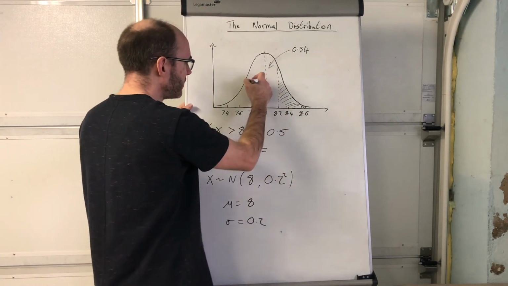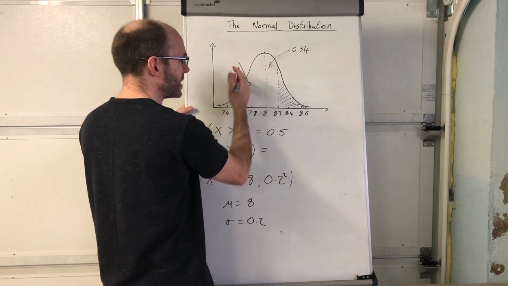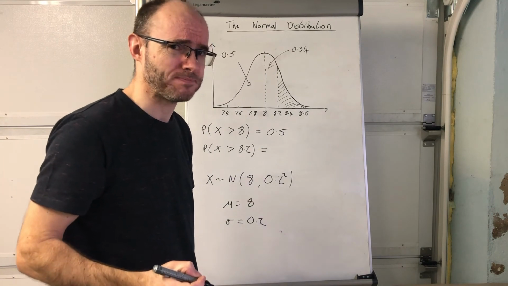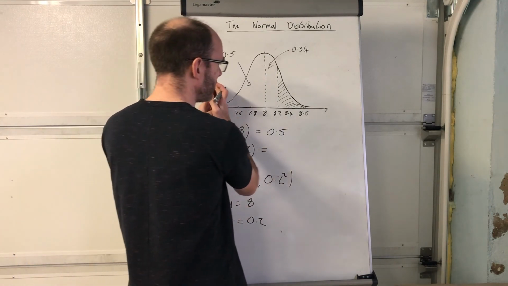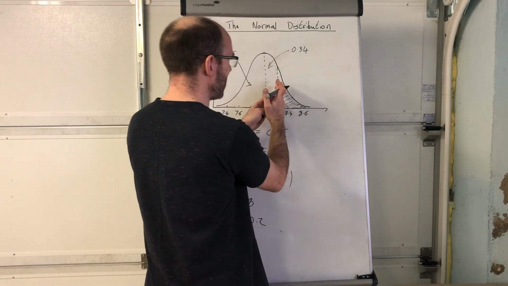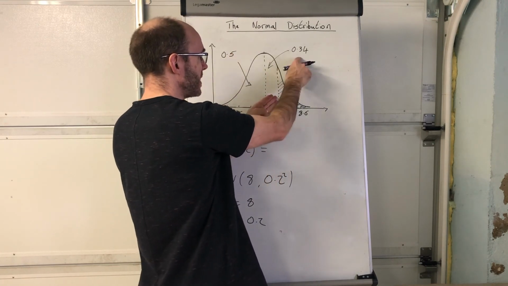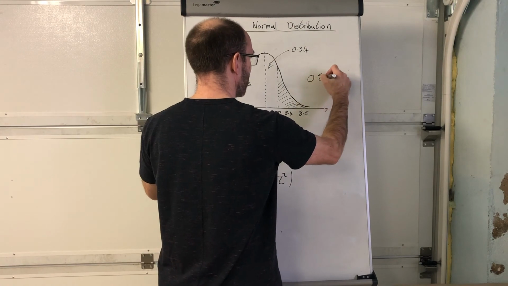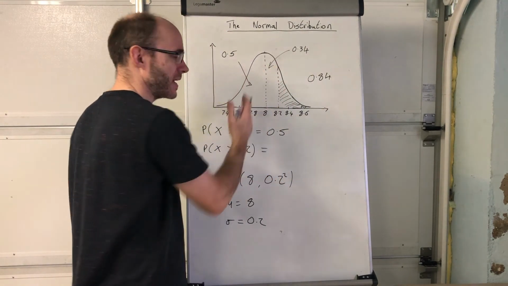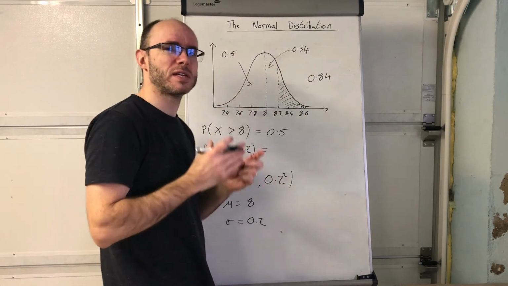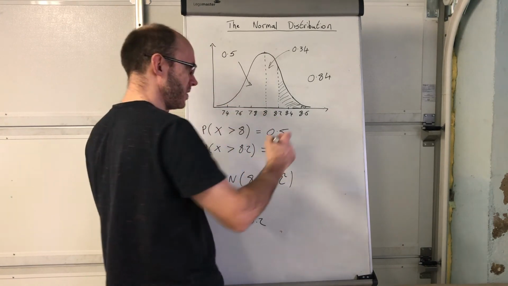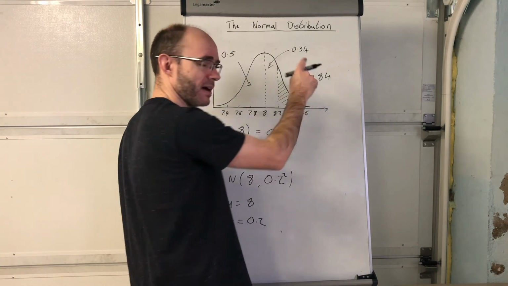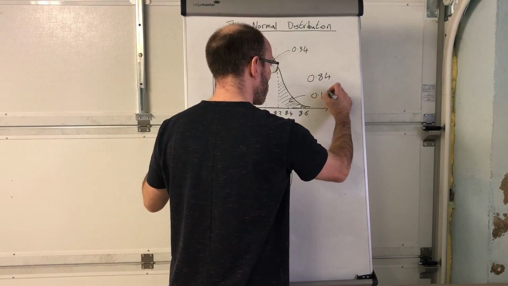All of this side here represents half of the data. That's 0.5. So you can see what I'm doing here. All of this up to that point in total has got to be that plus that, which is 0.84. So all of that is 0.84. Because the entire probability adds up to 1, this bit here must be the difference between that and 1, so 0.16.